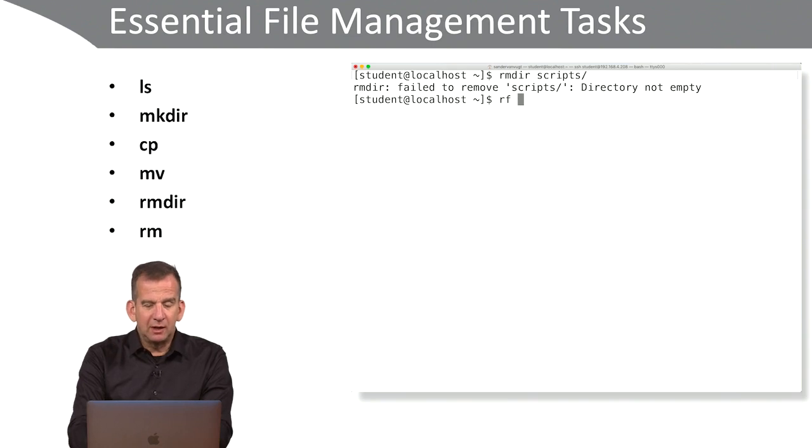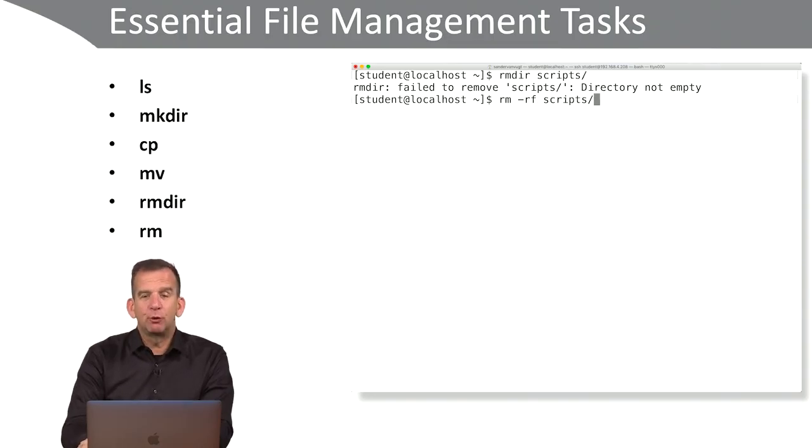Fortunately, there is rm. rm is for remove. And you can use several options with rm. Most useful options are -rf. -r is recursive, as we have just seen. So that would remove including everything in the directory.